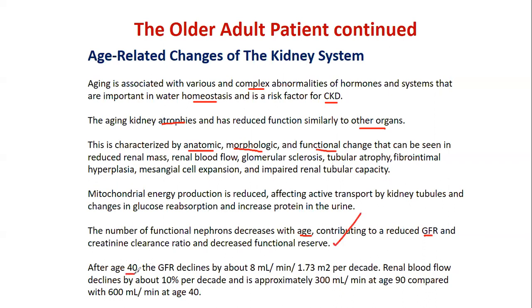After age 40, the GFR is reduced by about 8 ml per minute per 1.73 square meters per decade. Renal blood flow declines by about 10% per decade, approximately 300 ml per minute at the age of 90 compared with 600 ml at the age of 40.